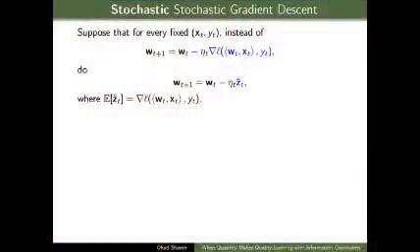Now, it turns out that instead of doing this algorithm, you can do something a little bit different. Suppose that for every fixed x_t, y_t, instead of doing a gradient step with respect to the example, you construct some random vector, z tilde t, which is only equal in expectation to the gradient.